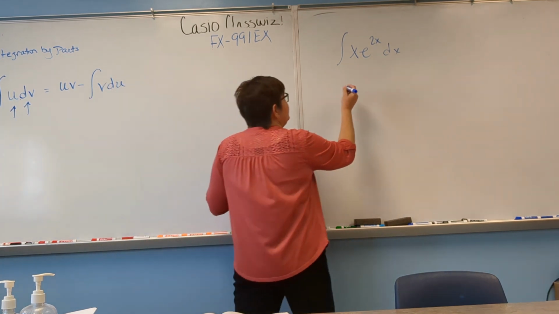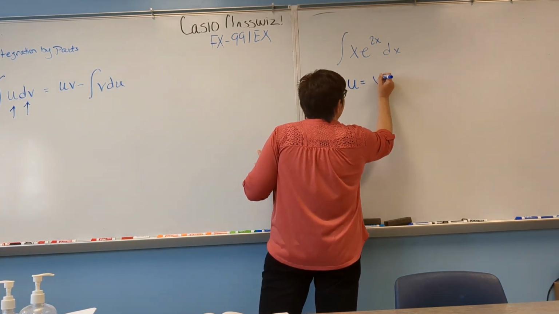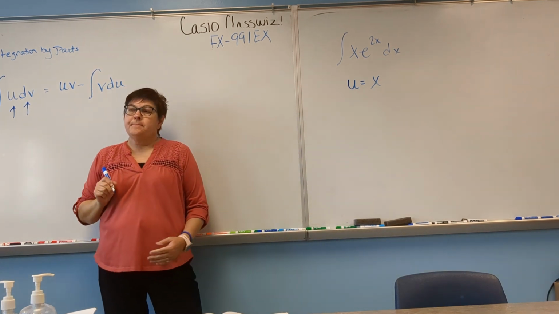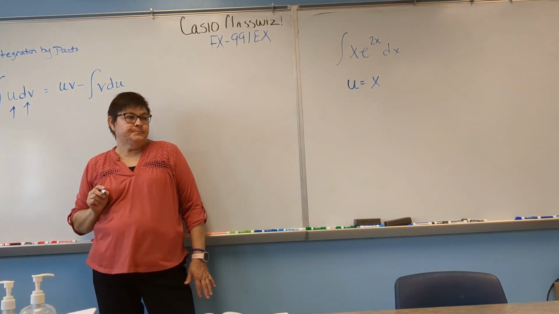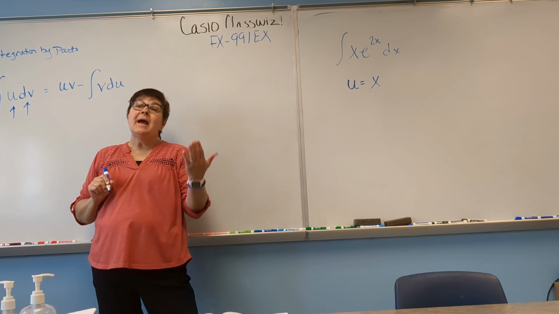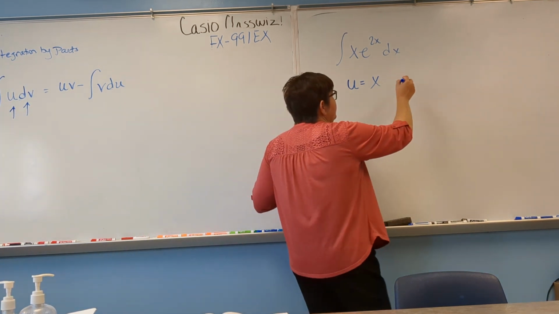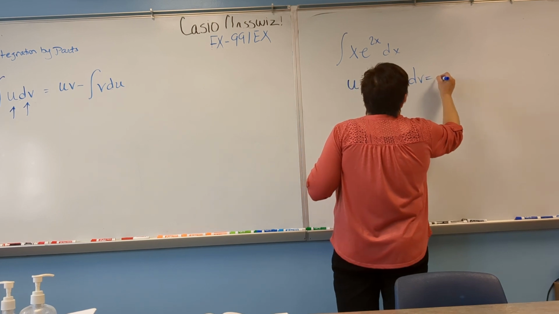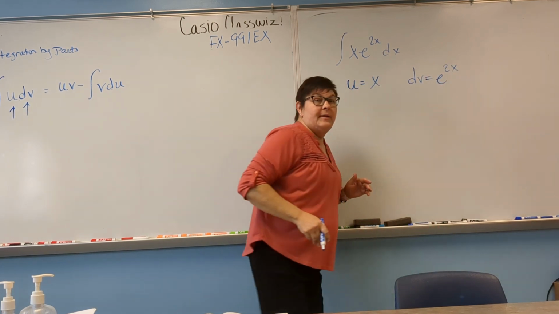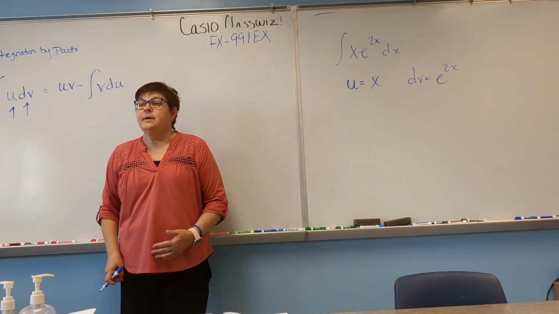So the first thing I'm going to do is label u is x. Are we okay so far? Now, if u was x, the other guy is dv. So dv is e to the 2x. They have to be one or the other, okay?